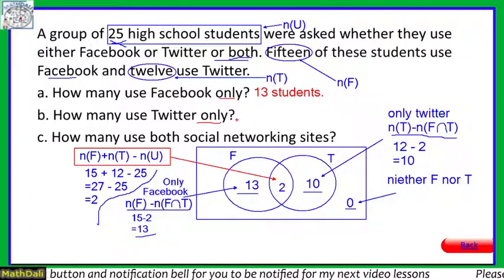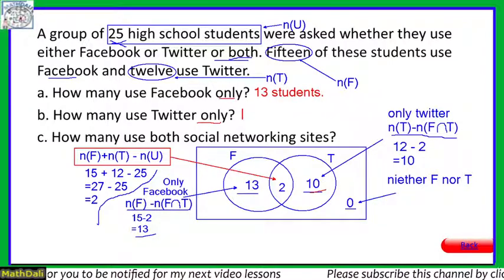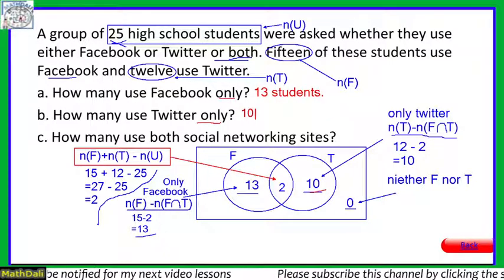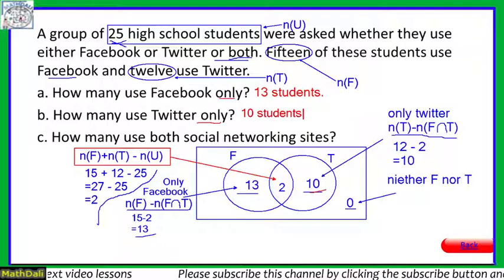Ngayon naman, Twitter only. Ating sagot, we only have 10 students. Hindi kasama diyan yung dalawa kasi gumagamit din ng Facebook.